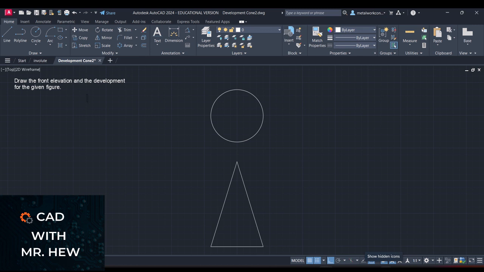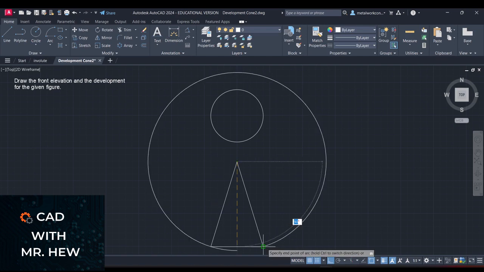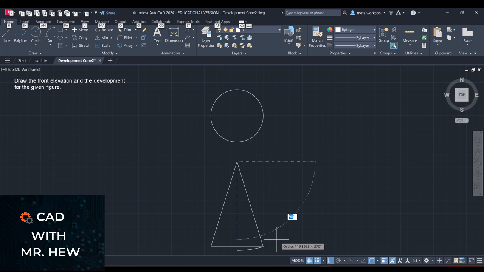So here we have the plan at the top and below is the front elevation for the cone. The first thing that we're going to do after we have drawn the front elevation and plan for the cone, from the apex to the incline, we're going to draw an arc equal to the length of the side.